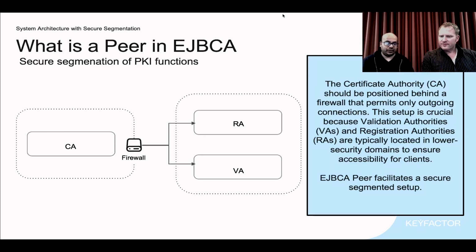Instead of going directly to the CA, the devices on the internet connect to the VA and RA, and the CA reaches out to them, so that there are no inbound connections or malicious attempts to the CA directly. The CA is directly connected to the HSM which hosts the CA keys. That's the whole point of making sure everything is secure.